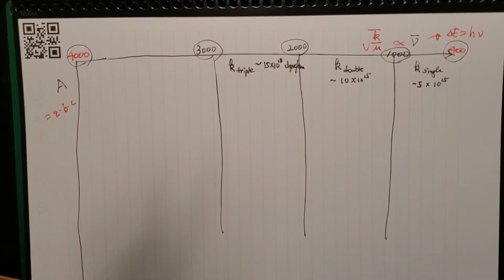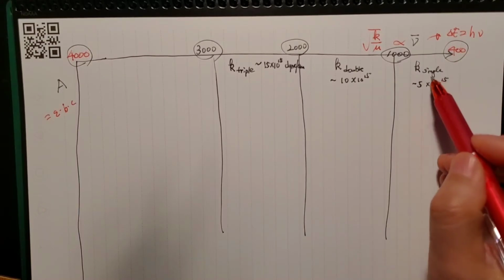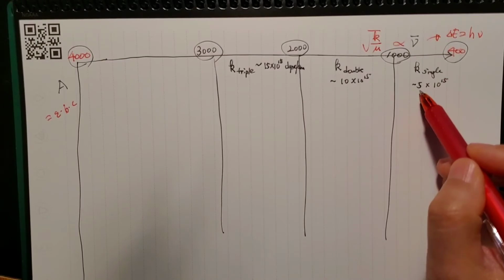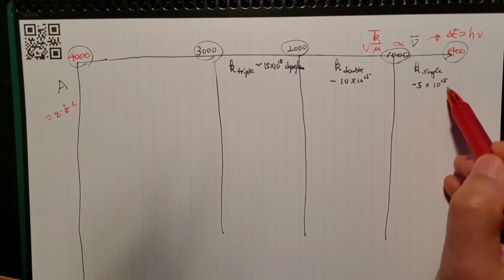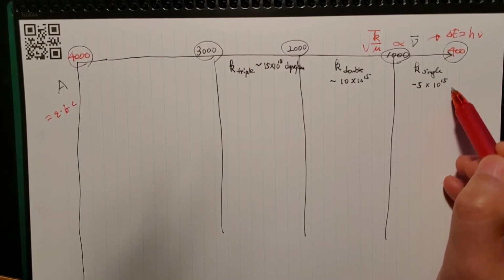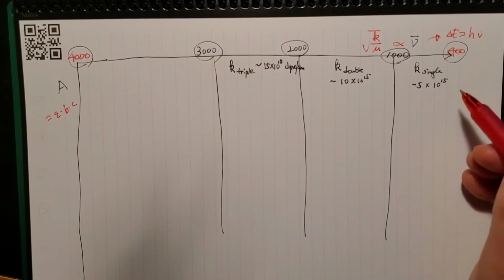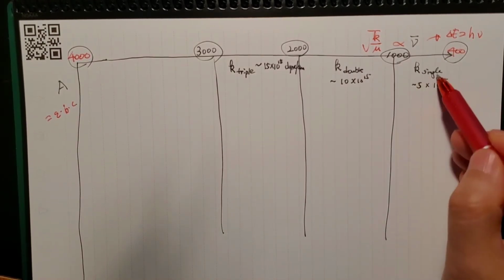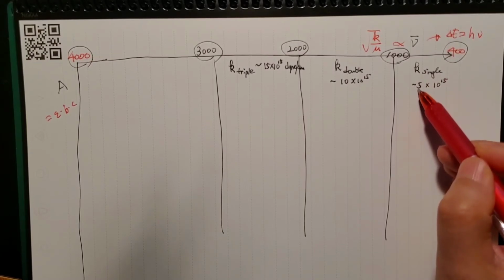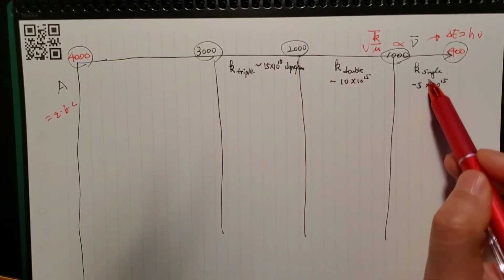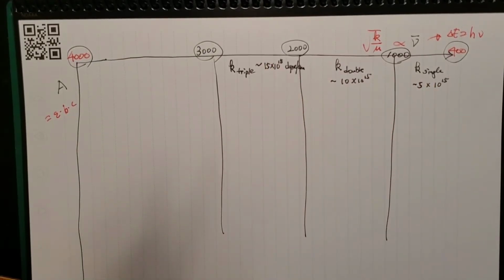Here, I split the spectrum into 4 sections, and let me make a point here. The bond strength of the single bond is roughly about 5 times 10 to the 15 dyne per centimeter. That's how much force you need to change about a centimeter of the bond length. So a single bond has about 5, a double bond has about twice that value, and the triple bond has about 3 times.